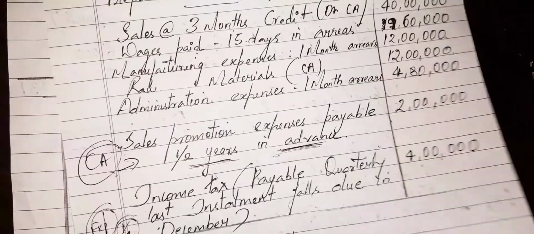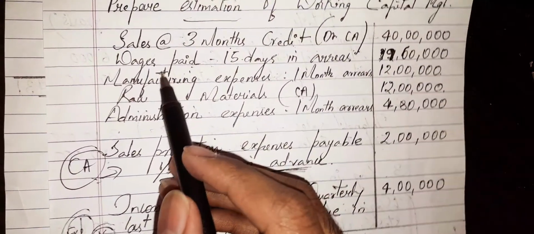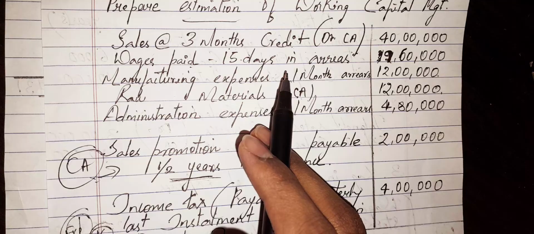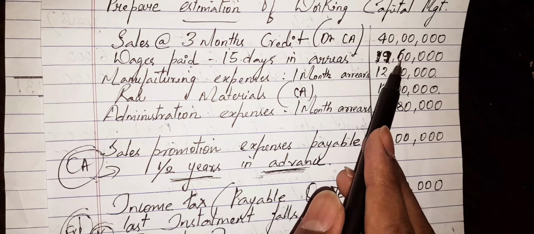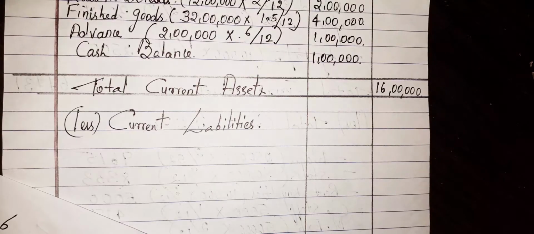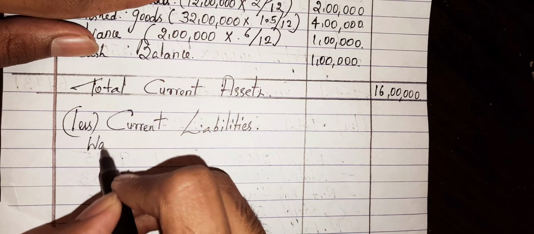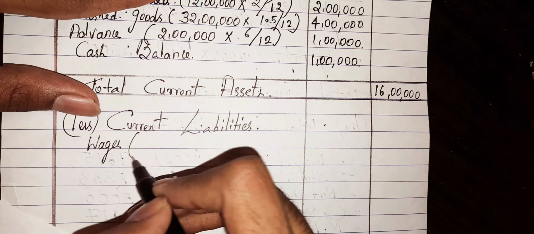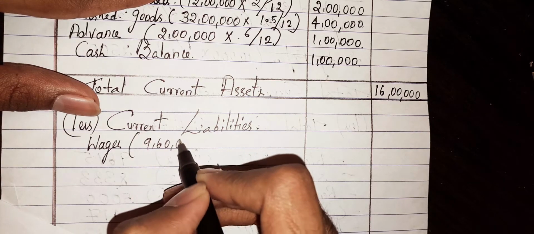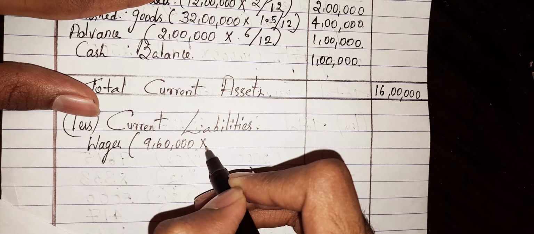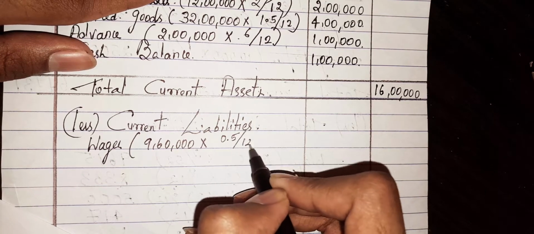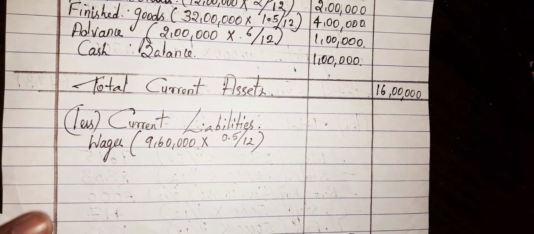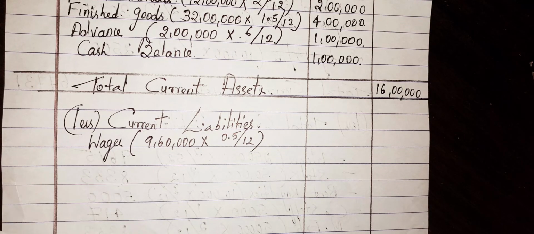So if you check the question, you have wages paid 15 days in arrears. So again you have an outstanding arrears, and the outstanding is 9,60,000 and the time period is 15 days. So 9,60,000 into 15 days. 15 days means half a month, so 0.5 divided by 12.